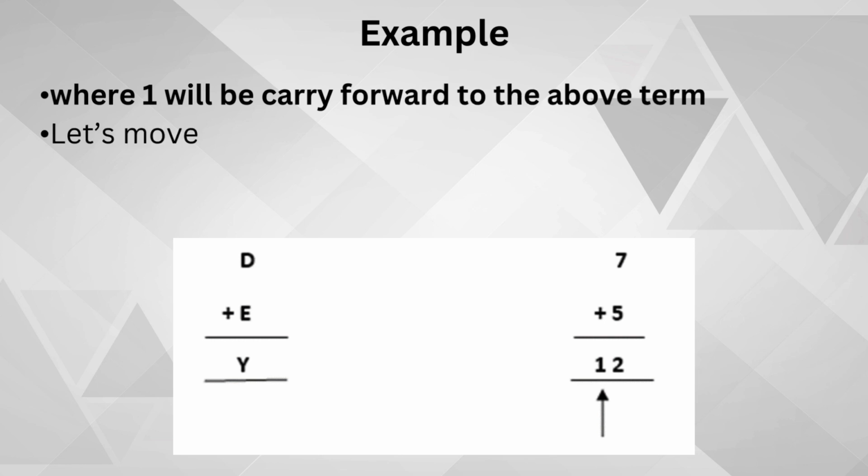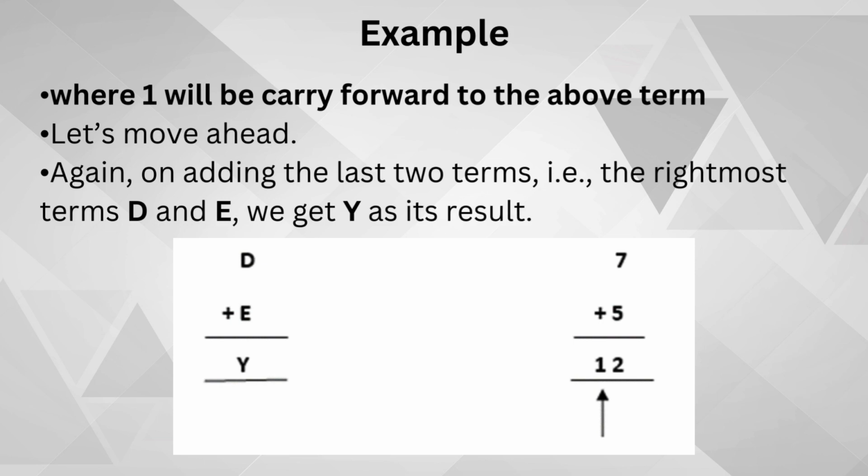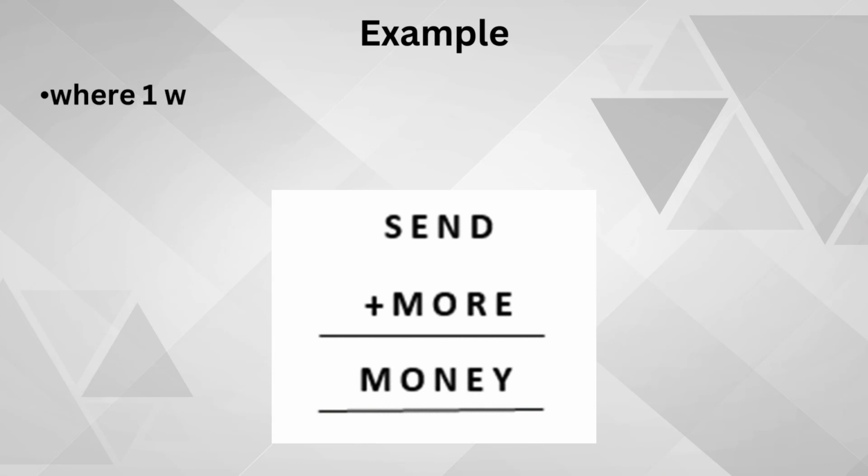Again, on adding the last two terms, that is the rightmost terms D and E, we get Y as its result. So, we can put D is equal to 7 and E is equal to 5. So, we have total 12, which means 1 should be carried forward to the above term.